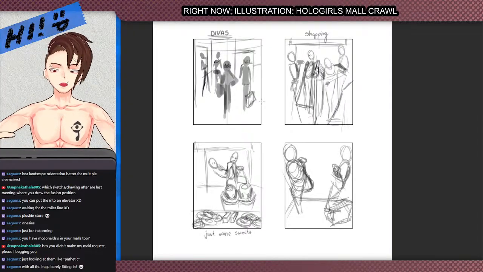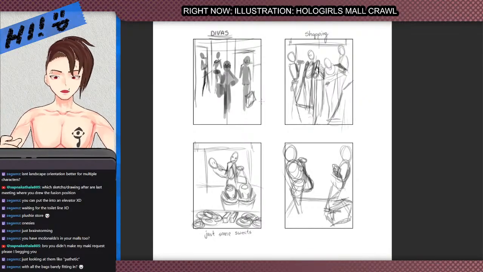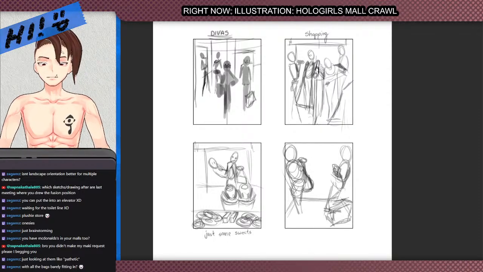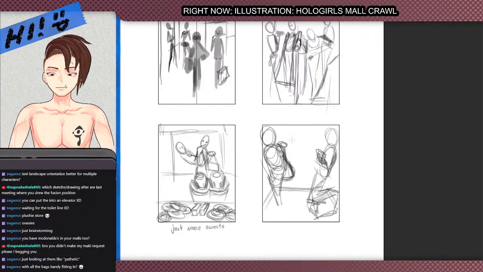You need to understand the behavior of the characters you are trying to put into your illustration.